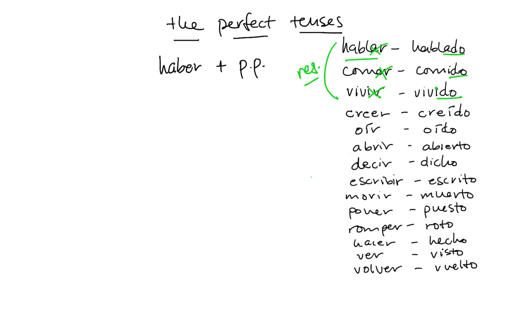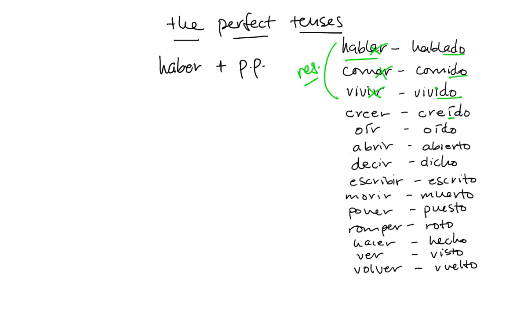Now there are some verbs that are almost regular but slightly irregular. For example, creer or leer. Any of these verbs that have the two vowels next to each other leading into the ER or IR ending here, when you make this into a past participle, believed, you need to accent the I, creído.